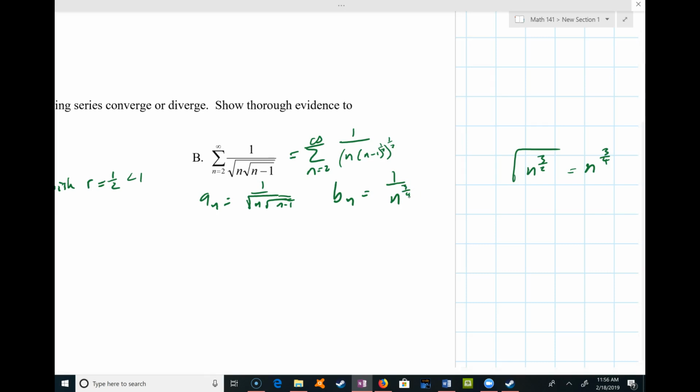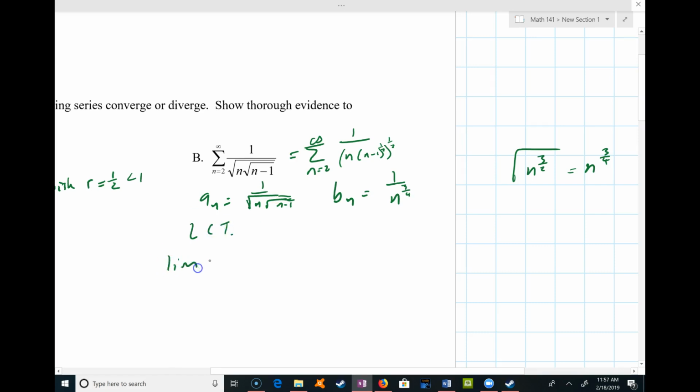Okay. So then, we know that that is a divergent series, so then we want a sub n to be bigger than that, or we can just do the limit. So I think I'll just do the limit comparison test.